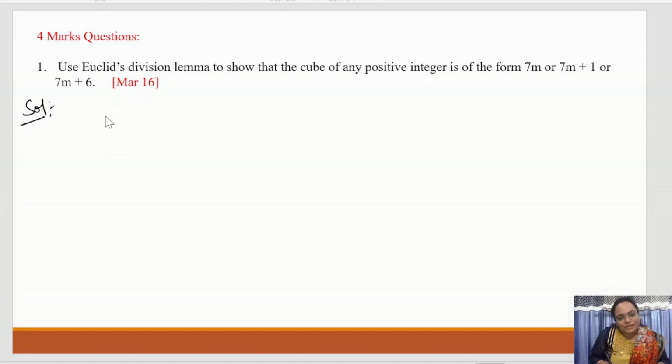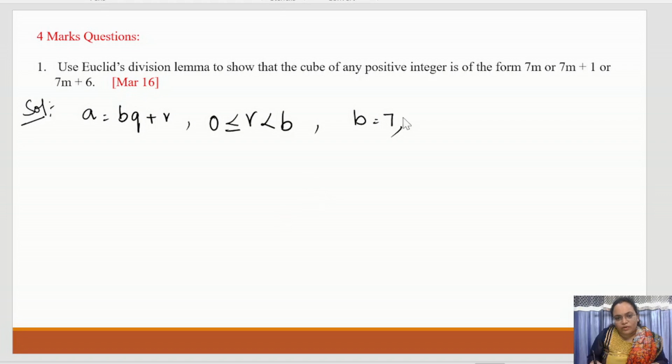From Euclid's division lemma, we know that a is equal to bq plus r, where r is greater than or equal to 0 and r is less than b. So from here we know that b is equal to 7, and r will be 0, 1, 2, 3, 4, 5 and 6.